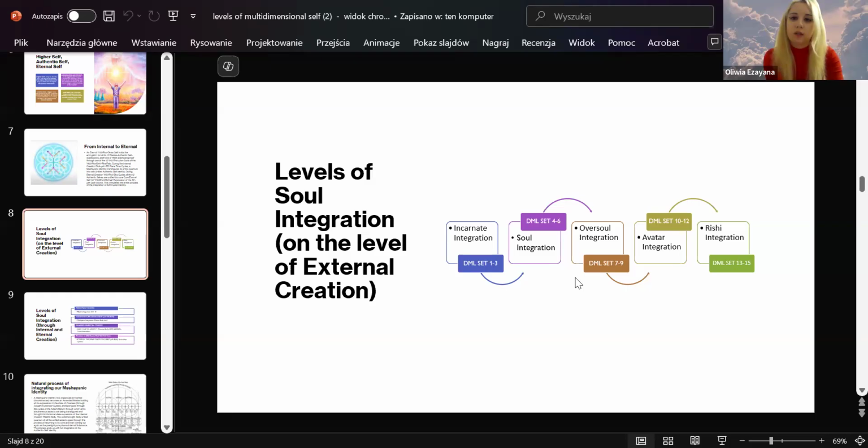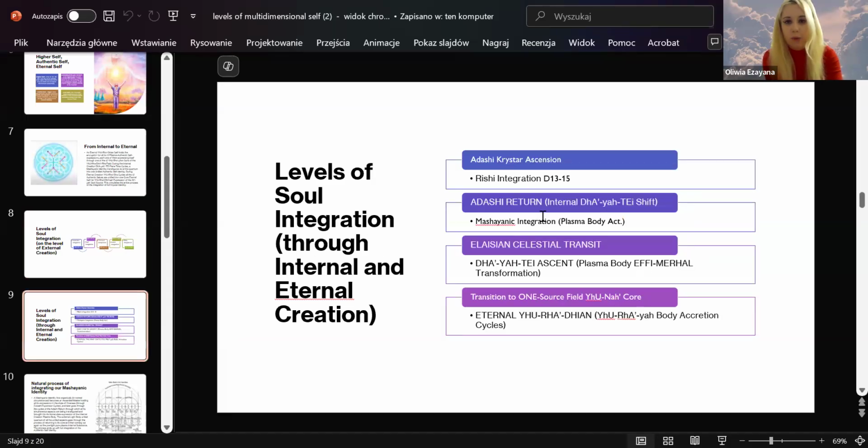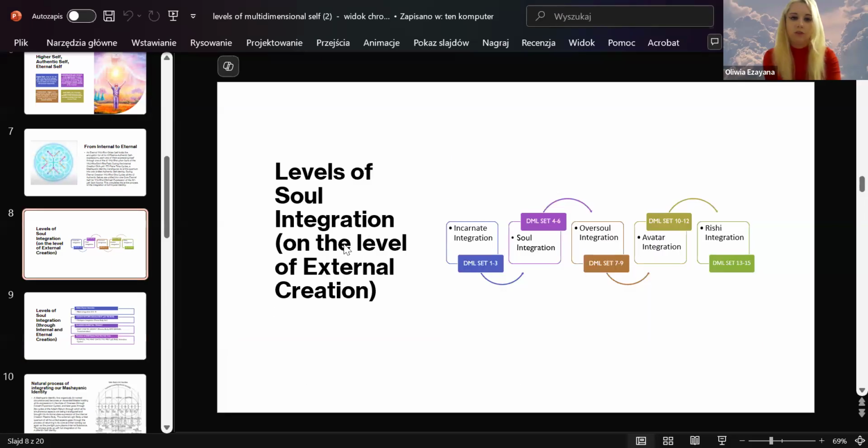And as you integrate all of those aspects of yourself, then basically you become the Mashayanic self, which is basically the highest level of your identity on the level of the external creation.